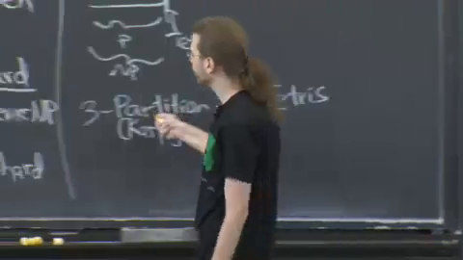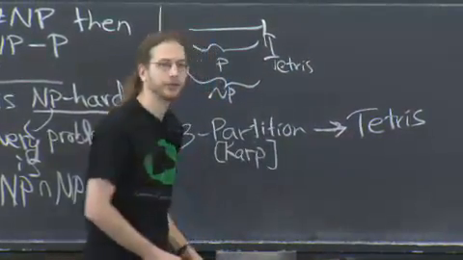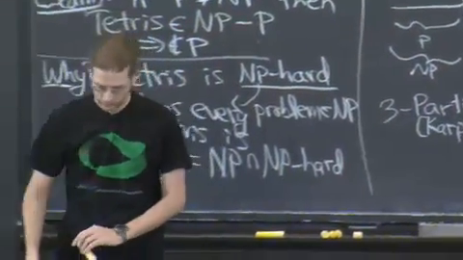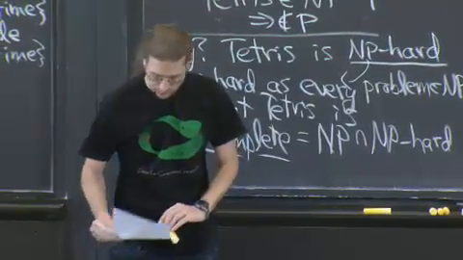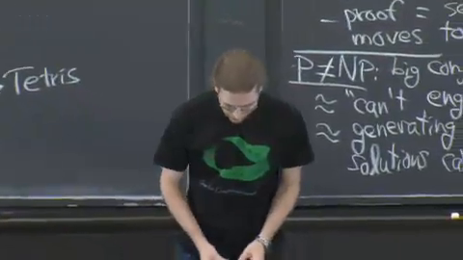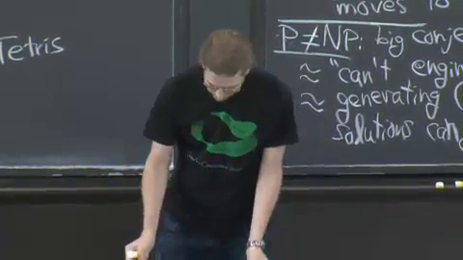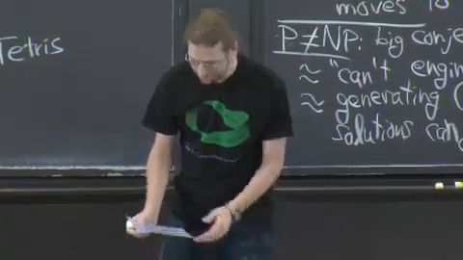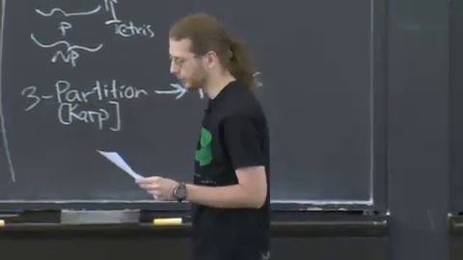And if you already believe this is hard, then you should believe this is hard. I think that's all I really have time for. I'll give you a couple more NP-complete problems, kind of fun.